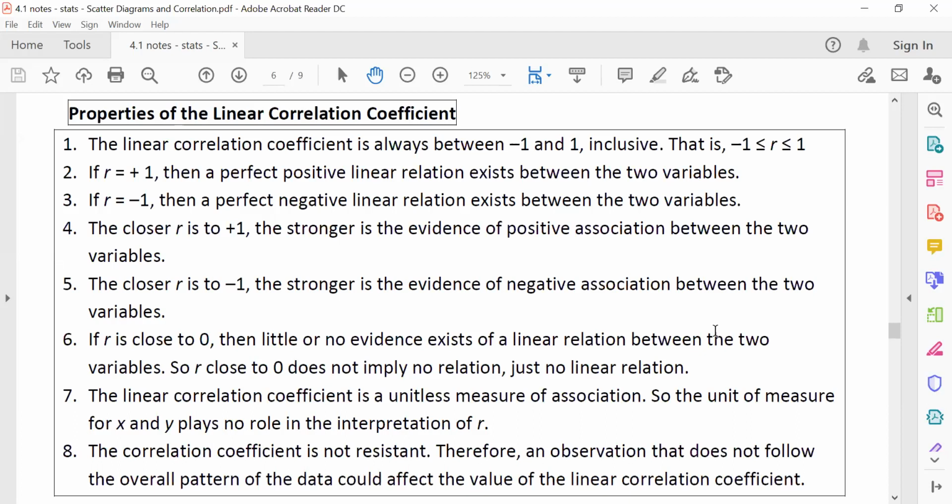If your R value is closer to positive 1, you have strong positive correlation. If your R value is closer to negative 1, then you have strong negative correlation when it comes to making a simple line out of it. That's the key here.